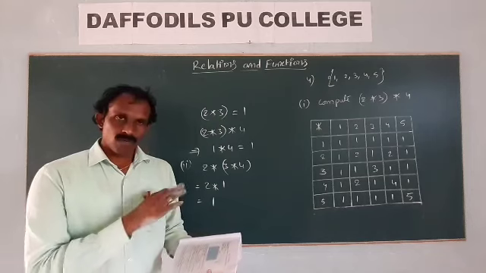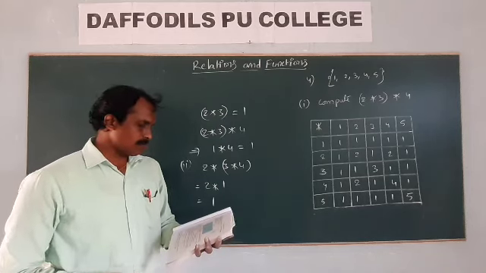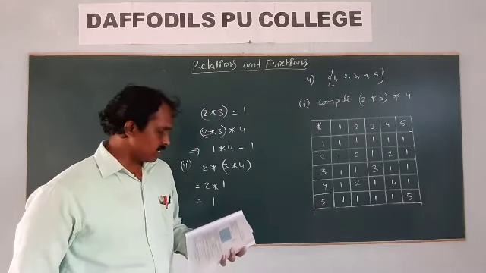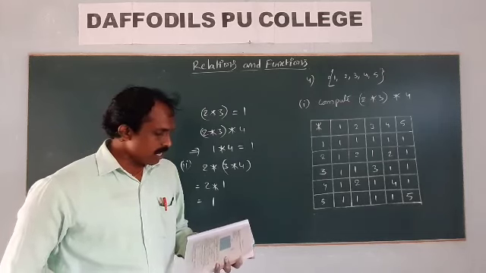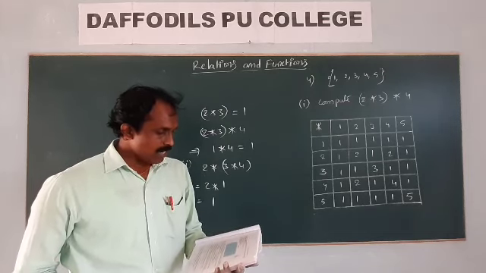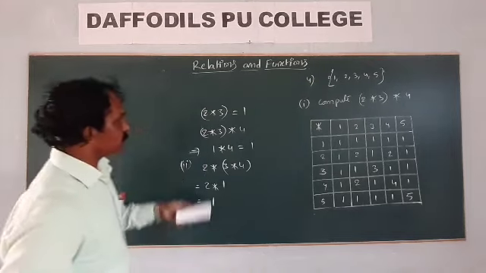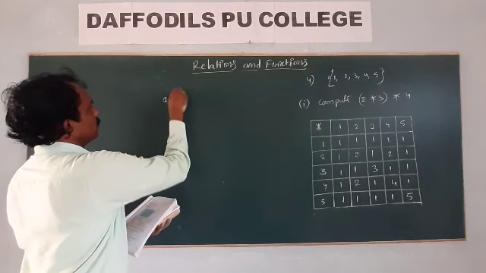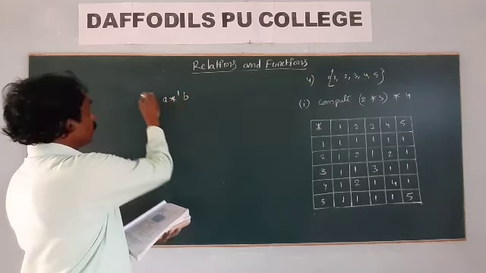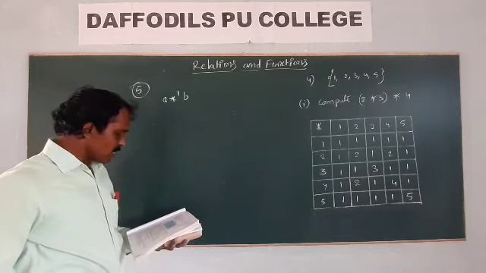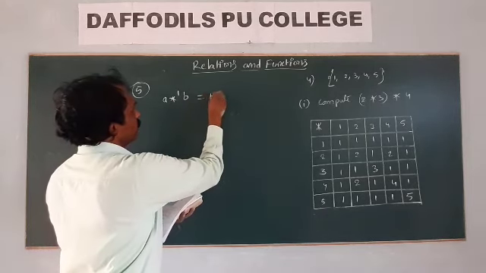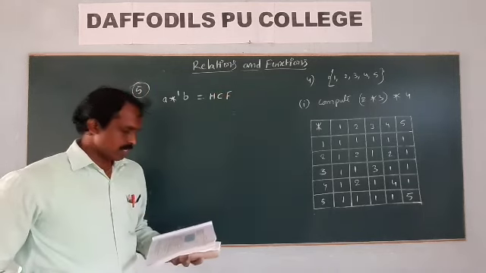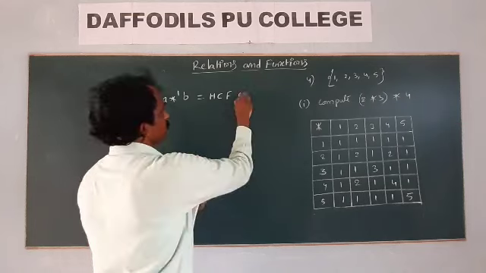Next, fifth problem. Let star dash be the binary operation on the set 1, 2, 3, 4, 5 defined by a star dash b equal to HCF, highest common factor, of a and b.